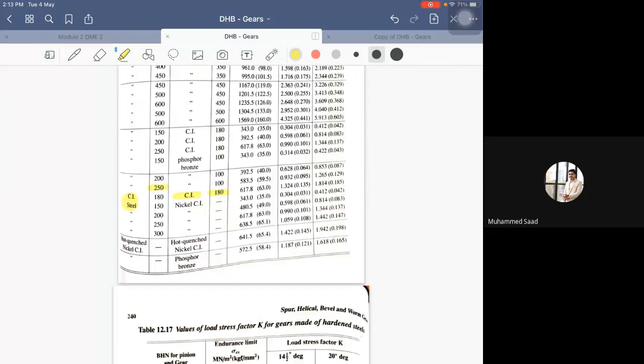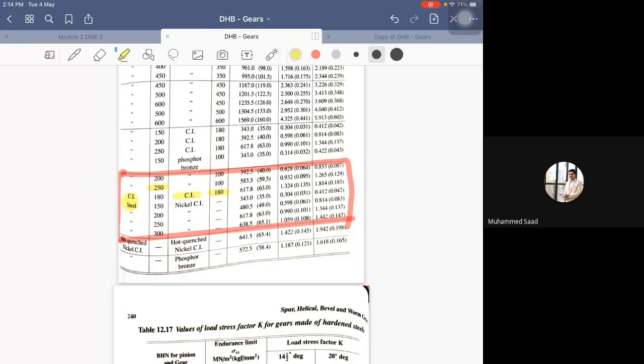But when you refer to the data handbook, you have to refer to this particular column, this particular box, because it is cast steel here. So 250, and cast iron is the gear material, I guess, right? He has said that the gear material is cast iron, yes or no? Yes, sir. Okay, then I would take it as 180 from the data handbook.